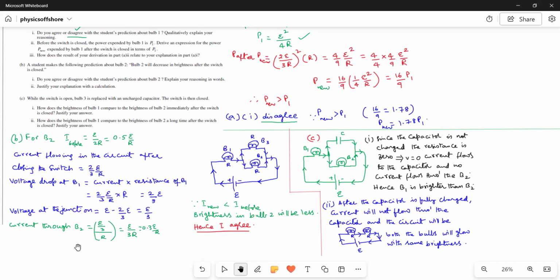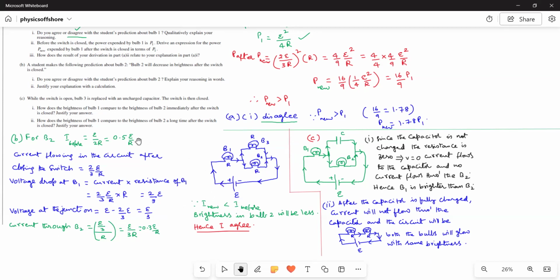Now we have to find out current through B2. Again, current is equal to voltage by resistance. So what is the voltage here? Voltage is E by 3 and the resistance is R. Therefore, E by 3 divided by R is equal to E by 3R, about 0.3 E by R. So the new current is less than the before one.